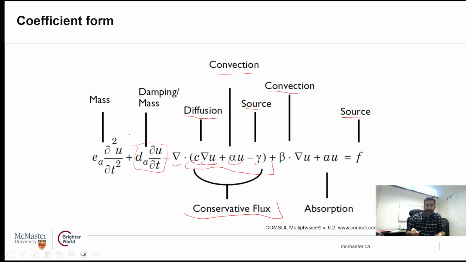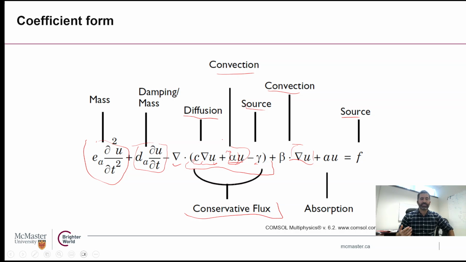That's our damping force. Similarly, for this one, this is the acceleration. If we're considering displacement, second derivative of displacement with respect to time is the acceleration. So this would be our mass term, right?